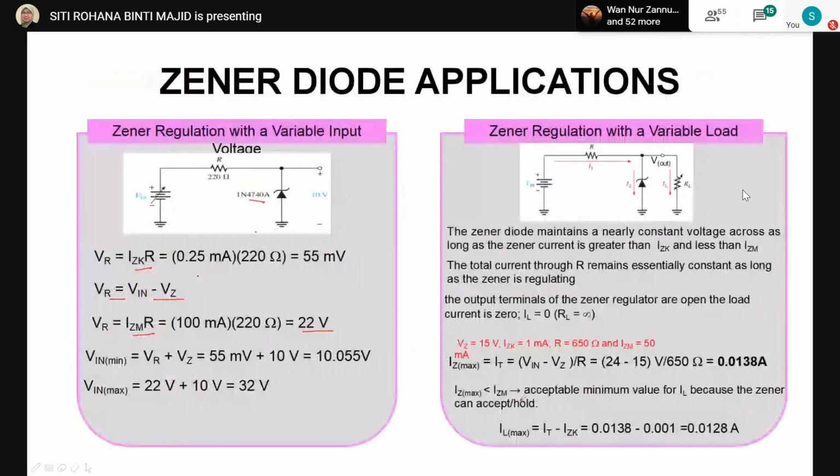So that is why the value of VR using IZM is bigger compared to IZK.